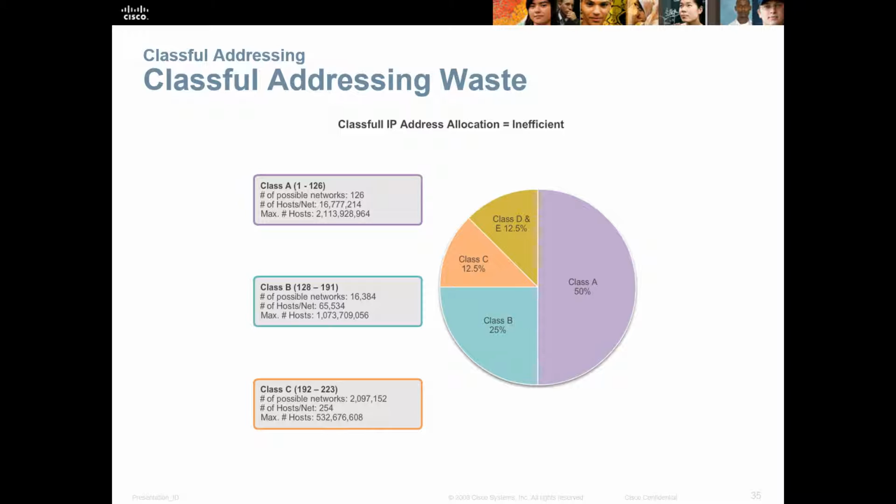A class B, you could have over 16,000 different combinations, but each one could be limited to 65,000 and some change. Class C, we could have 2 million different combinations, each consisting of 254 usable. Again, that was wasteful. This is the breakdown. This is very wasteful.